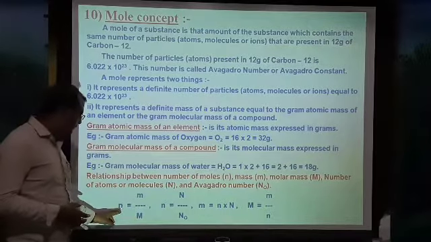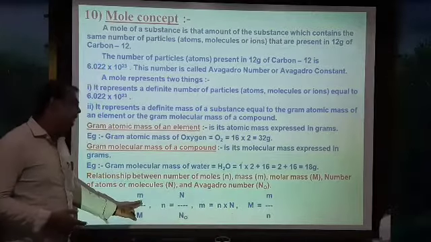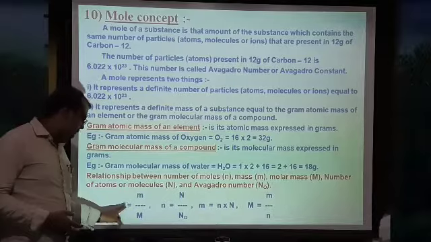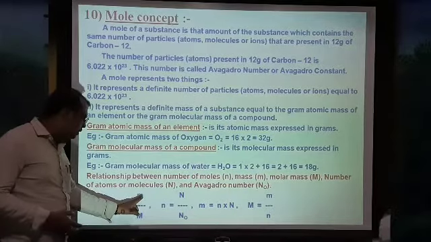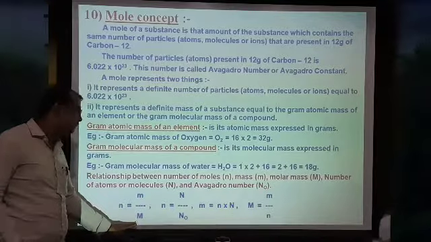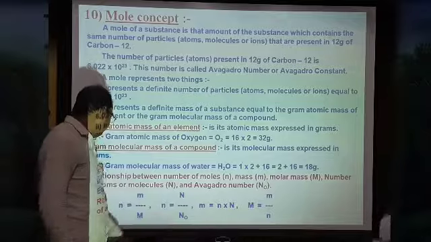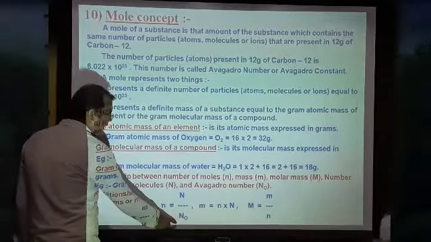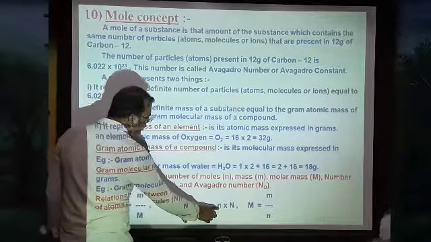The number of moles, n, is equal to mass divided by molar mass. Also, n is equal to the number of atoms or molecules present in the compound divided by the Avogadro number. And m is the mass.